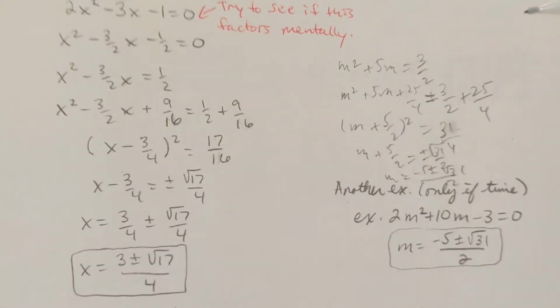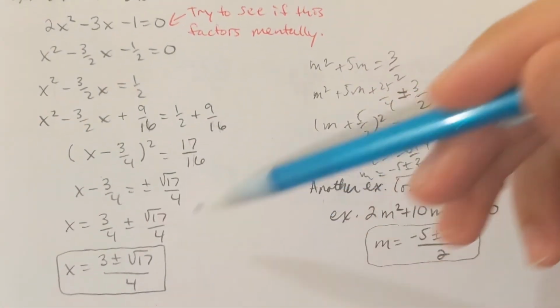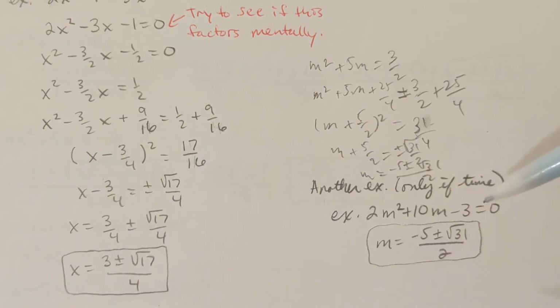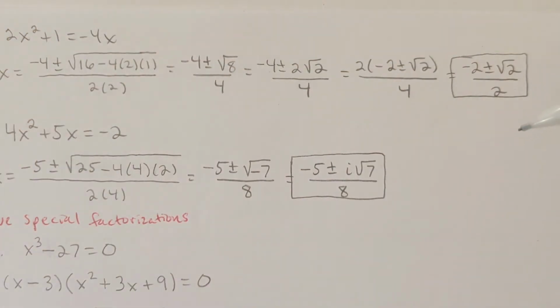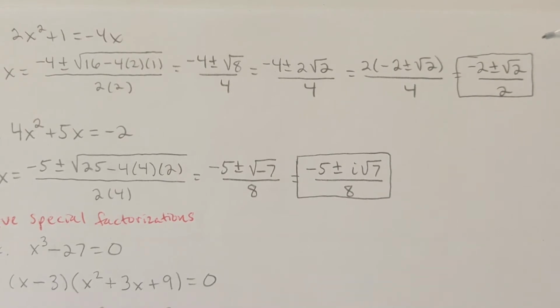Using the completing the square method takes some time, and one little slip up and there goes the whole problem. So consider that when you're solving for x, if the problem doesn't factor to begin with, then use the quadratic formula. Then I'm using the square root property if it applies, and then completing the square.